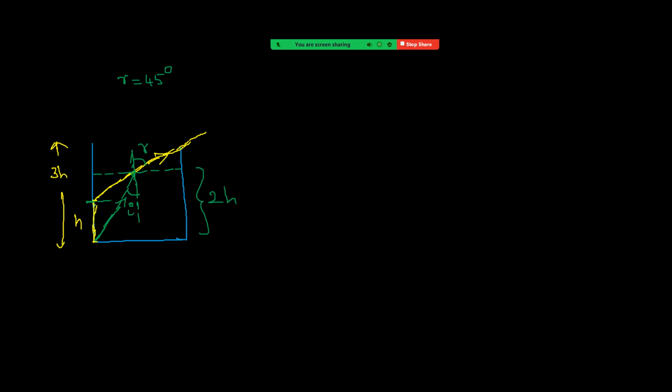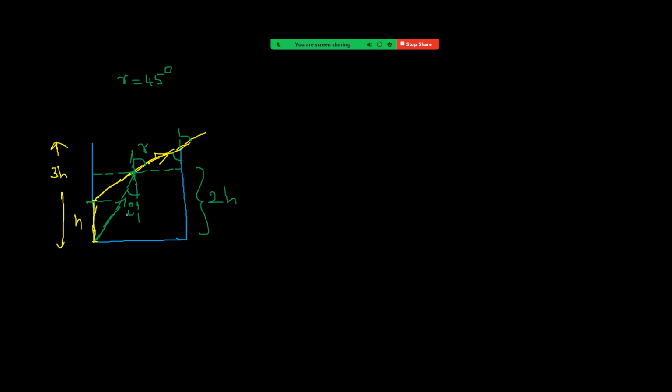This is h, so remaining how much? 2h, right? Now the base is also 2h. That means this angle is how much? It is 45. This angle is 45, so this also is 45. That's why the r value is 45.